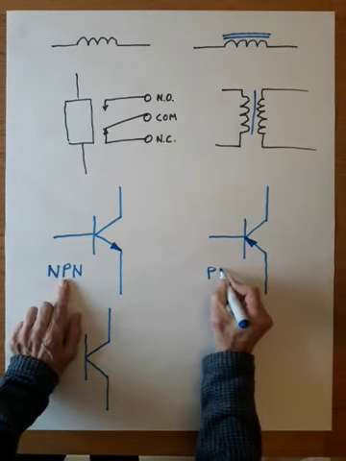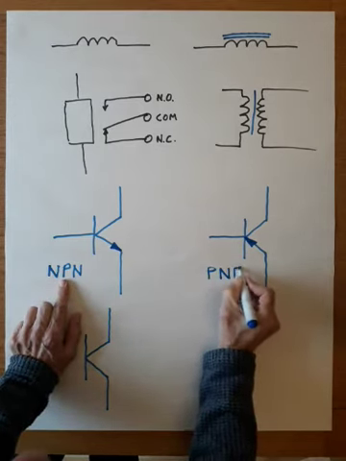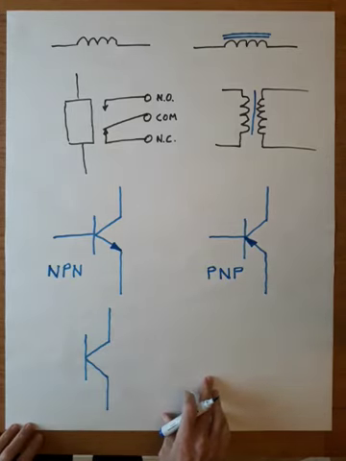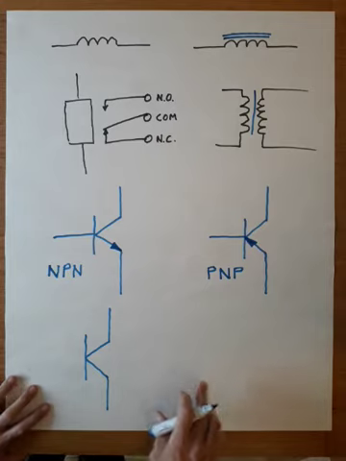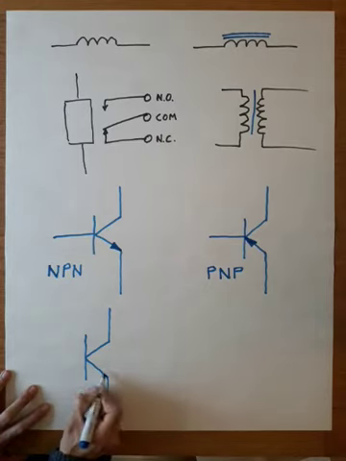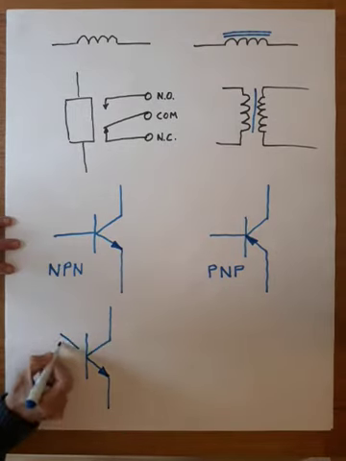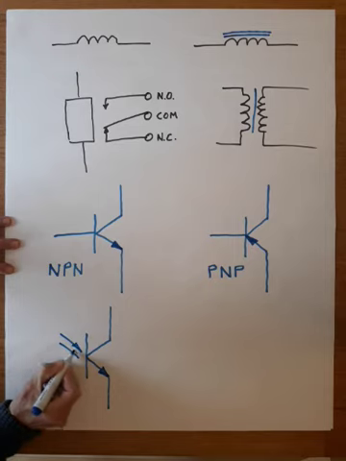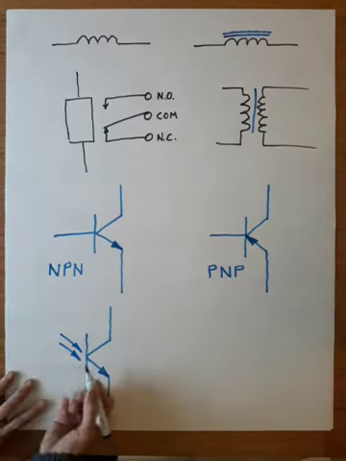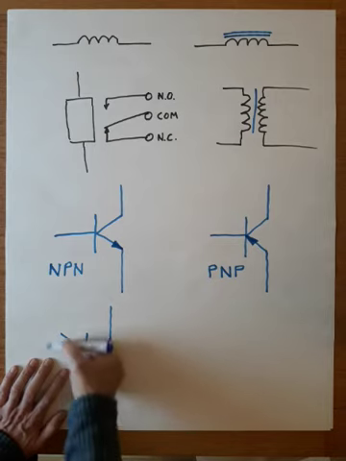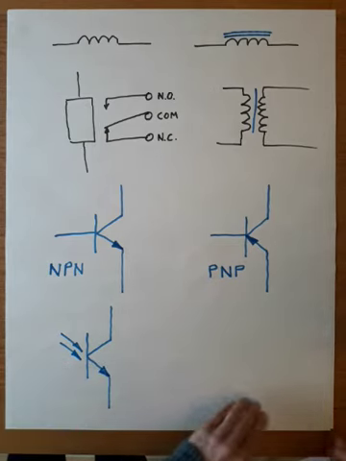It is P, N, P. Finally, this is a transistor which depends on light for its operation, so light must fall onto the transistor to turn it on. So this would be a photo transistor. Again, we've met the term photo for the arrows for light earlier on.